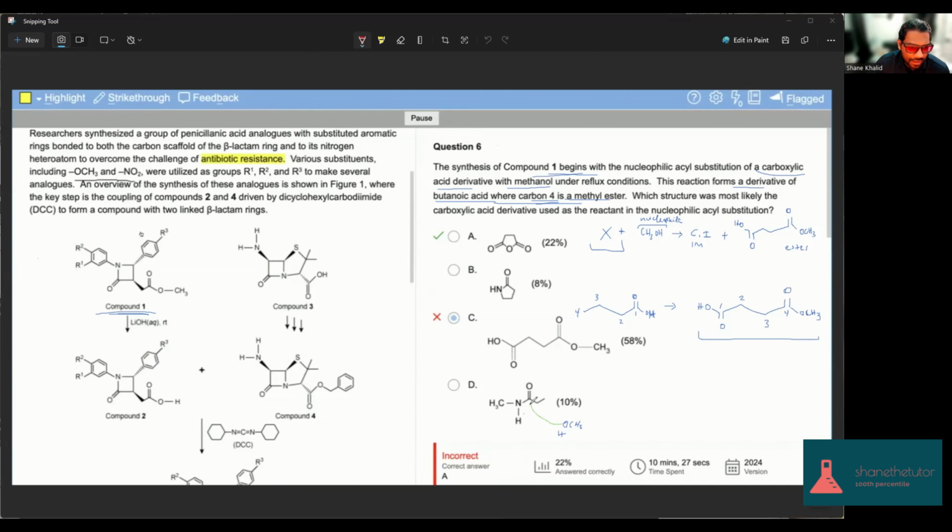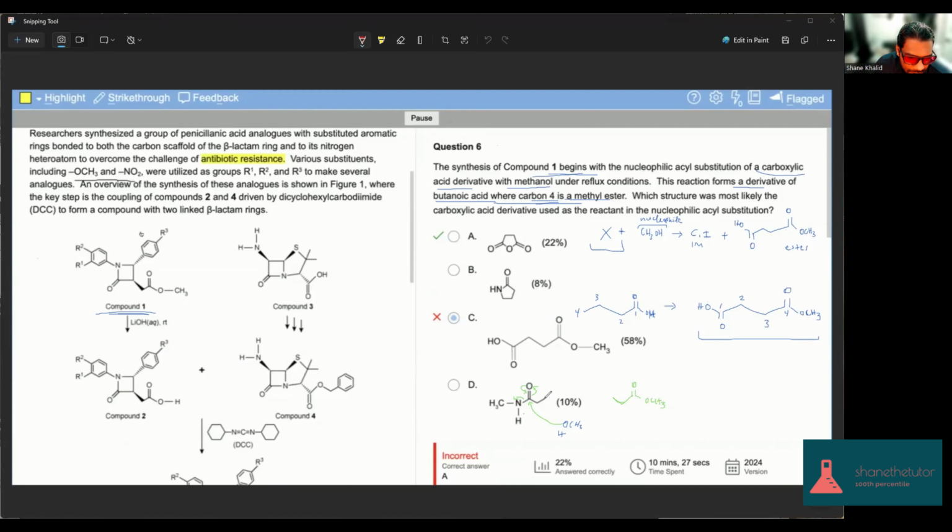This should attack this, forcing the electrons momentarily to move there. But when they come back to reform the double bond, they'll kick off that amide nitrogen, which will kick off the amine over here. And that would give us a product that would look something like this.